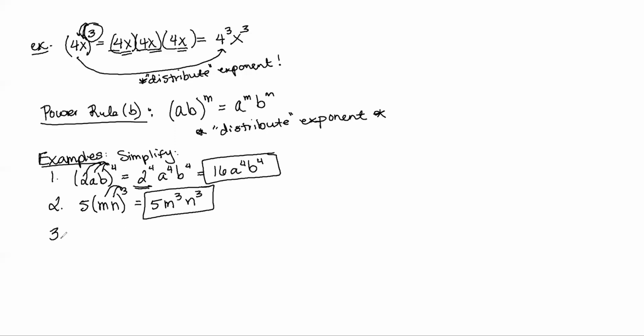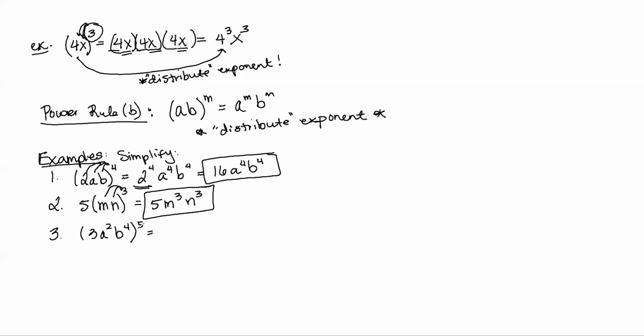All right, number 3, in parentheses, 3a squared b to the 4th, all raised to the 5th power. This is where they start to get a little bit more complicated because we have exponents on the inside and this one on the outside. So I like to break these down into multiple steps, so it's more difficult to mess up.